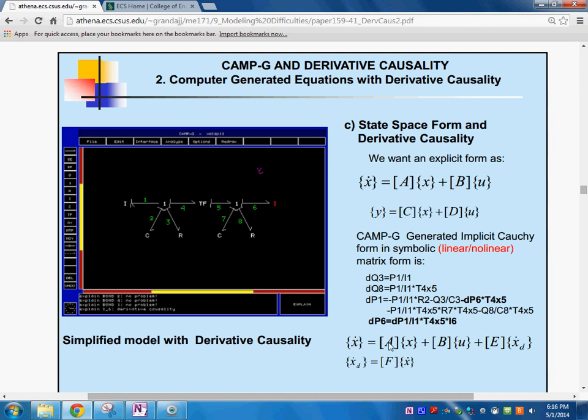You have x dot is Ax plus Bu, but in here, it has this new matrix E times x dot. The x dot derivative in this case would be this dp of 6, and that is the one that caused the derivative in this case. And that xd would be matrix F times the vector of the state variables.